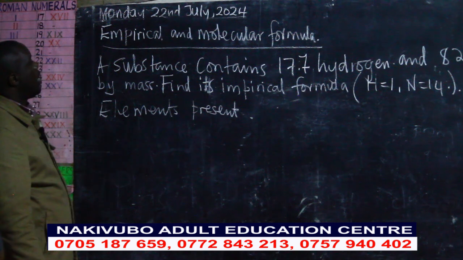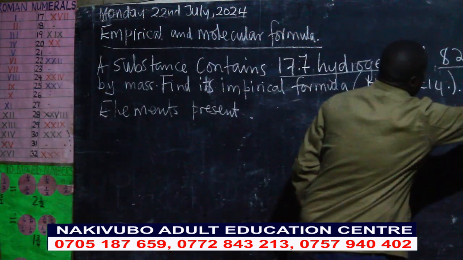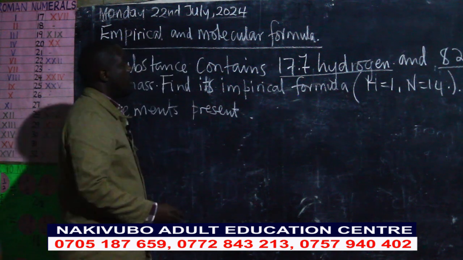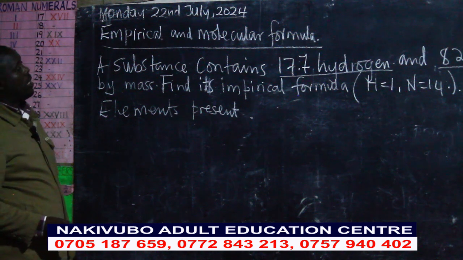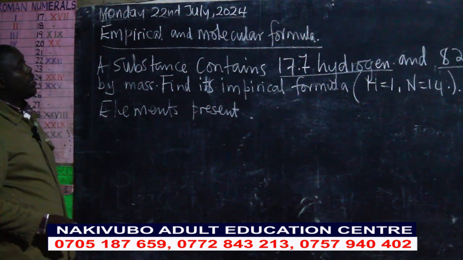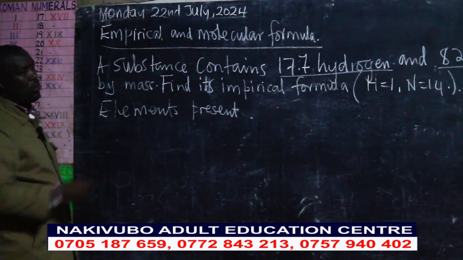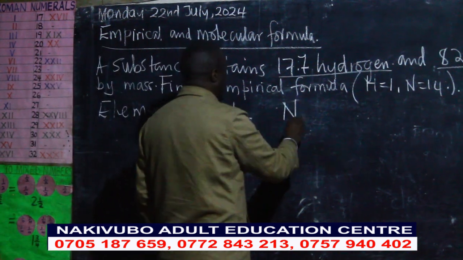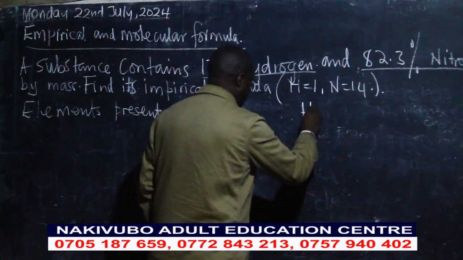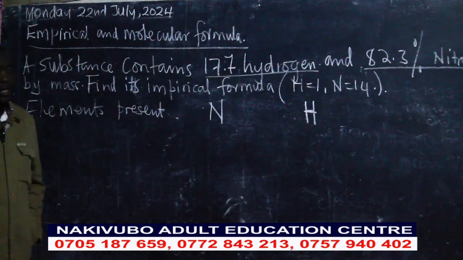We have hydrogen and nitrogen, isn't it? They have been stated here. Sometimes there are elements which come before others. For instance, here we don't begin with hydrogen. We begin with nitrogen. So, nitrogen and hydrogen. So, write the symbols of the elements present.